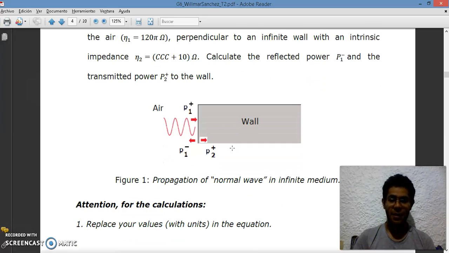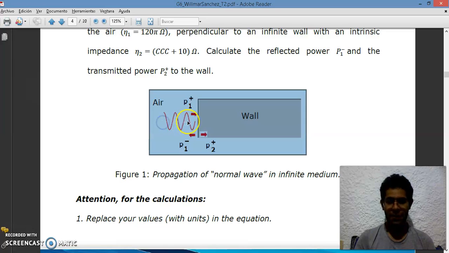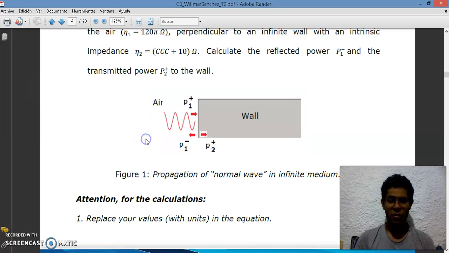So this is the graphic. We have a wave that found a new media, that is the wall. Part of the energy is refracting or passed to the wall, and part of the energy is reflecting or rebounds to the air again.